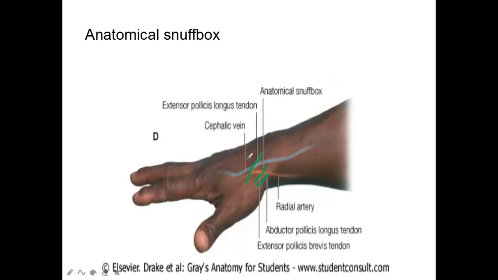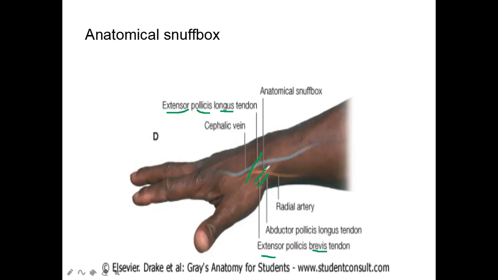That one tendon is found in the extensor compartment: the extensor pollicis longus tendon. Then on the lateral side, we find the extensor pollicis brevis. Brevis is the short one, so the long one is on its own, and the short one is here.